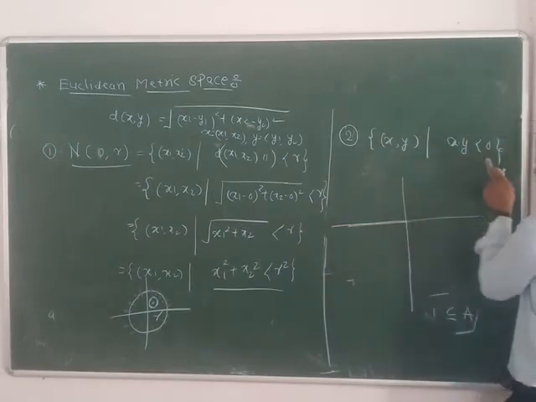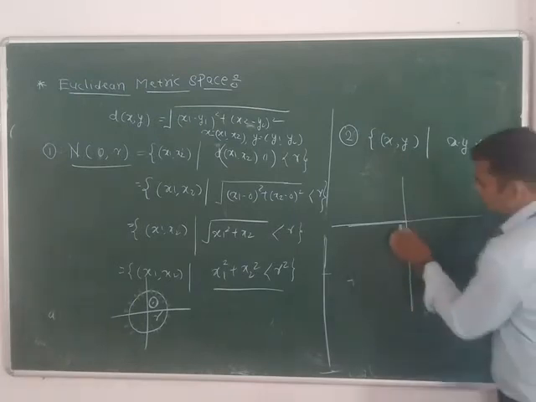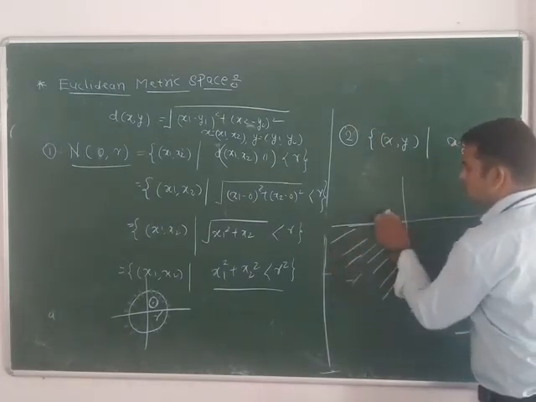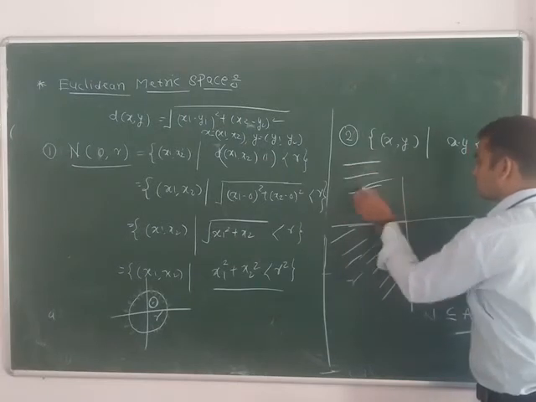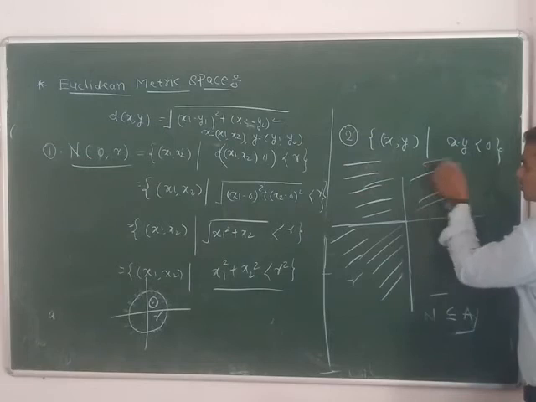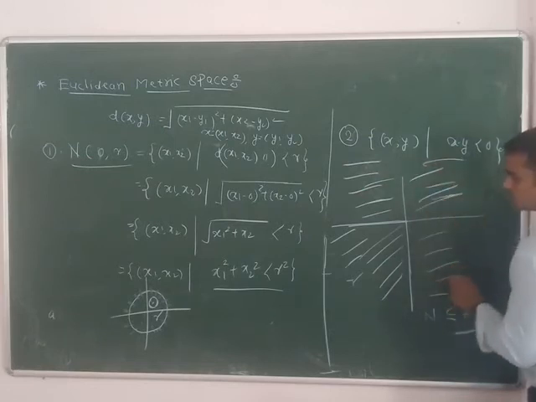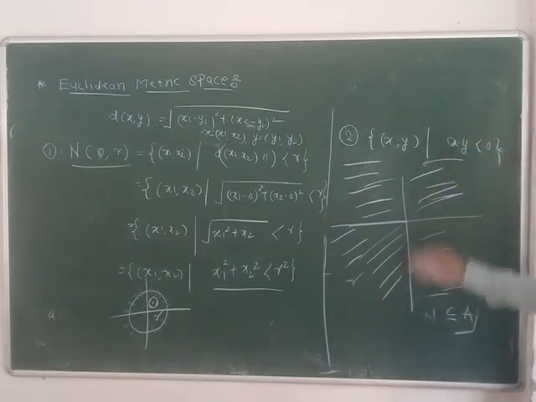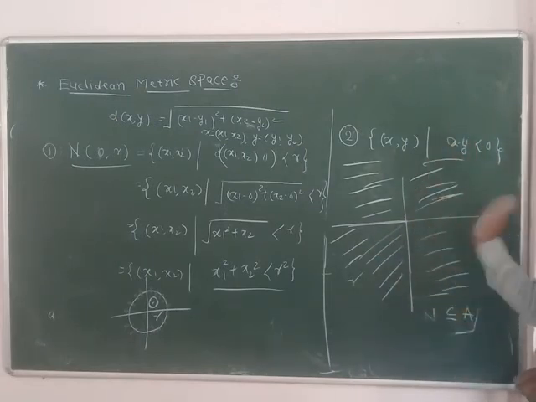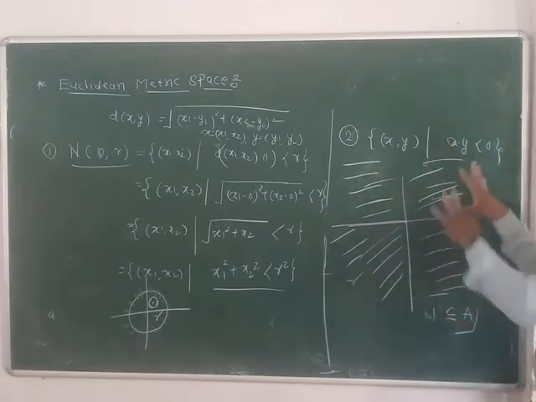So x times y is not equal to 0, but the product is negative. So this region, and this region also. So except the x-axis and y-axis, all the regions.